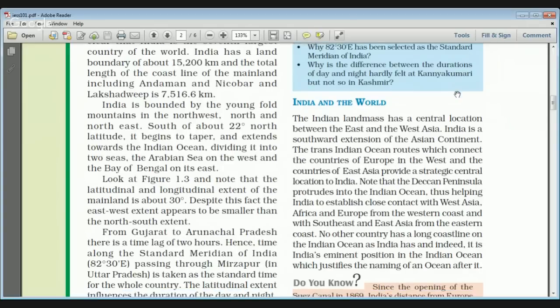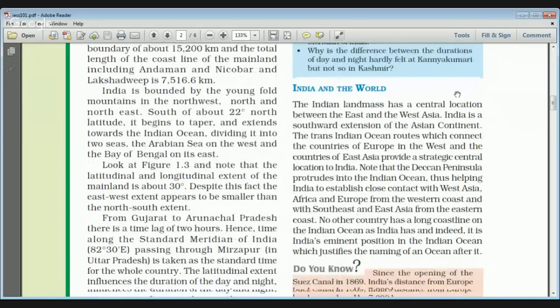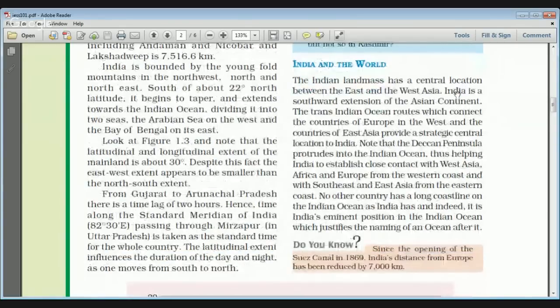Now, if you see, the Indian Ocean is very important, and the Indian landmass has a central location between East and West Asia, and India is a southward extension of the Asian continent.